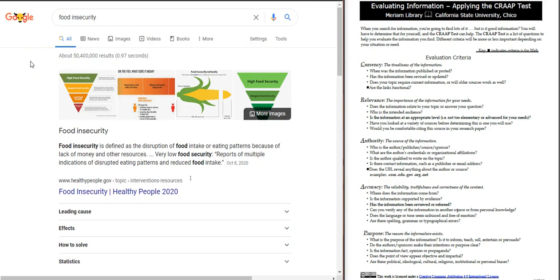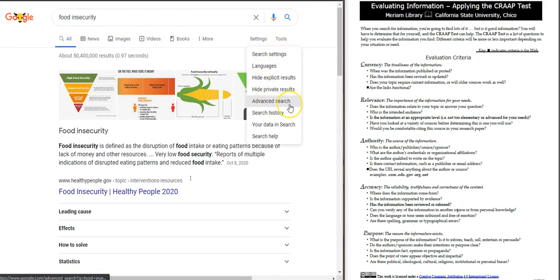We're going to look at the variety of what we see in the all search results. And then we're also going to look a little bit through the news, images, and videos, and also search using, if we go to settings and advanced search.